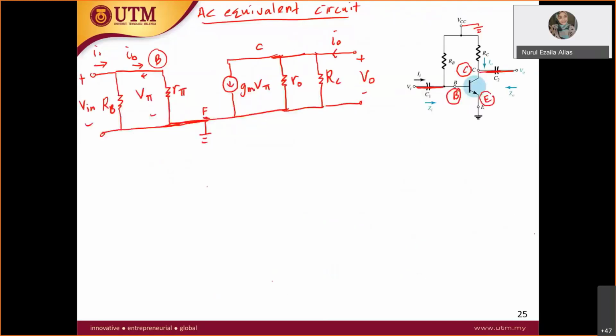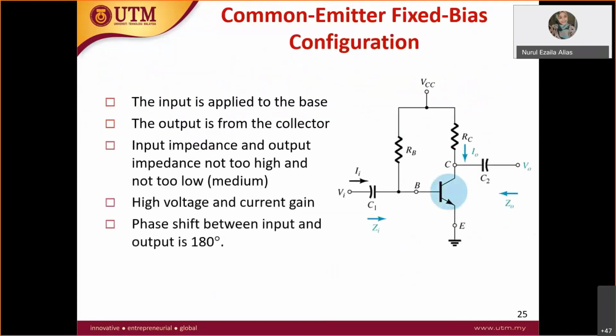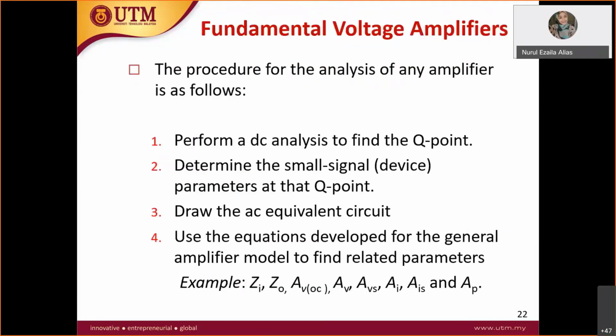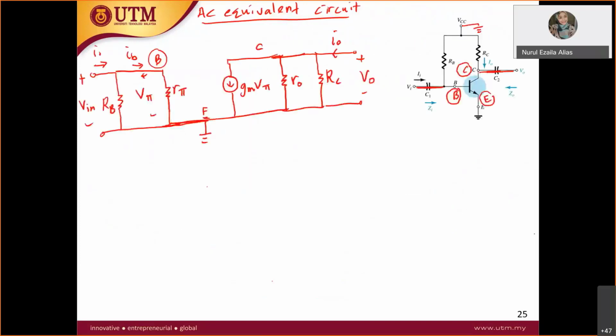Before that, since the analysis includes the Z in and Z out, the AV, which is the voltage gain, and the current gain, you have to put in all the notation. At the very front of your circuit, as you can see, the arrow of Z in starts from this point at V in, so this is your Z in, the input impedance.